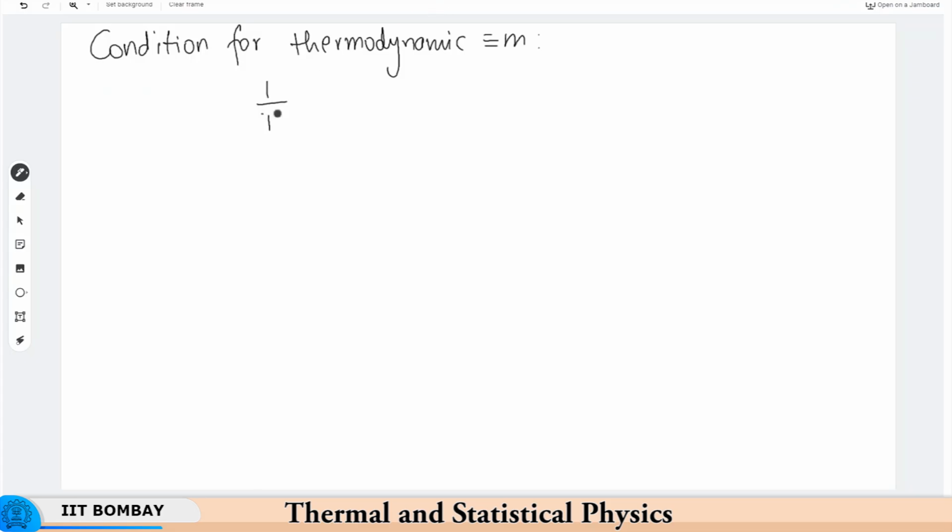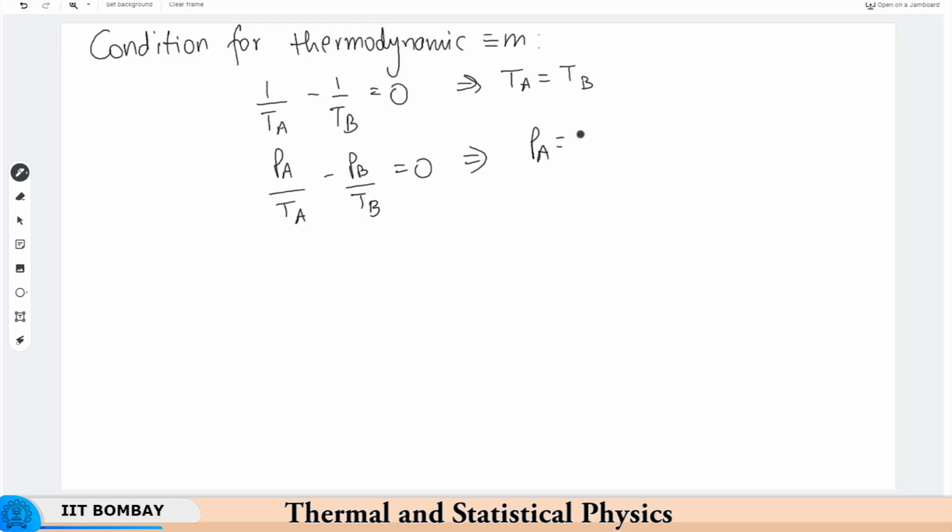1 by T_A minus 1 by T_B equal to 0, which implies T_A equals T_B, right. The other equation is P_A by T_A minus P_B by T_B equal to 0, and since T_A and T_B are equal, P_A equals P_B, right. And similarly, most importantly, mu_A by T_A minus mu_B by T_B should also be 0, and again since T_A equals T_B, this implies the chemical potentials in both phase A and phase B have to be equal, right.